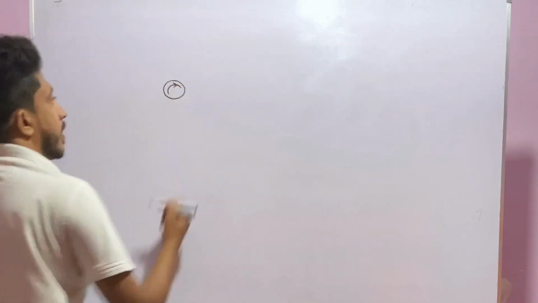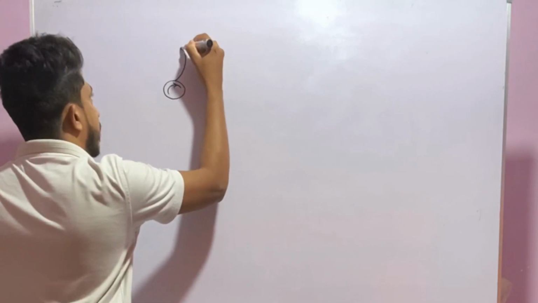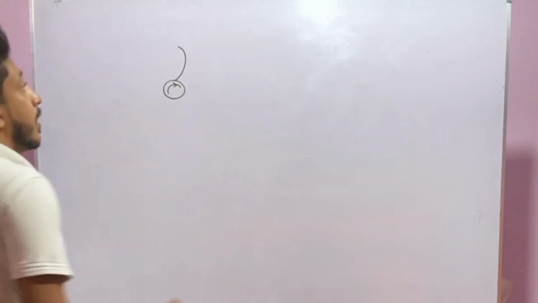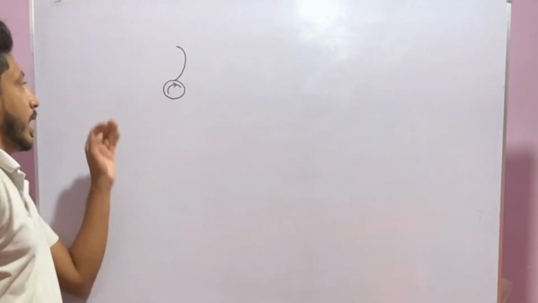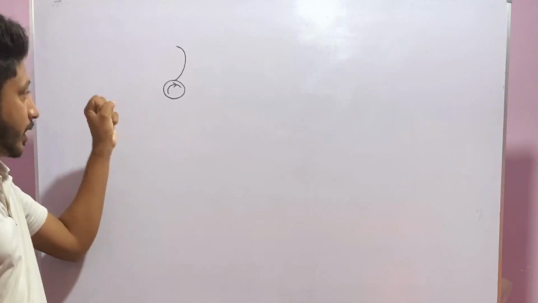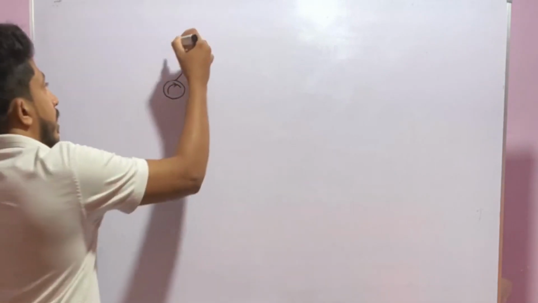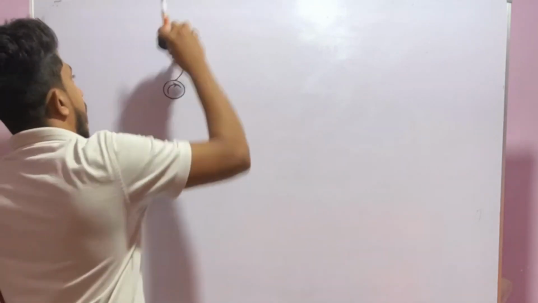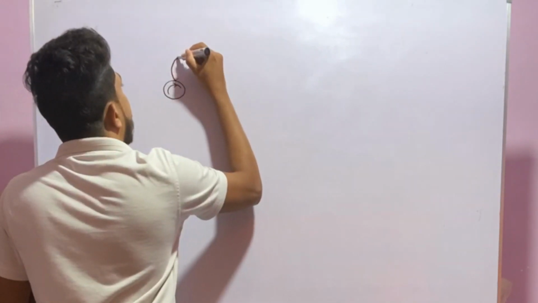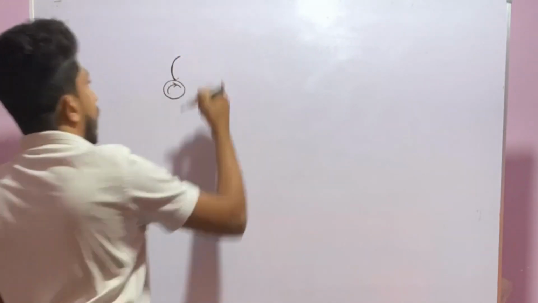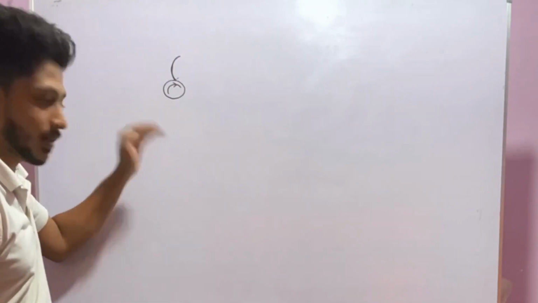Rotation is in this direction and this is the impeller. So if this impeller is rotating in this direction, always due to this, sorry, this is backward curve. This is forward curve.